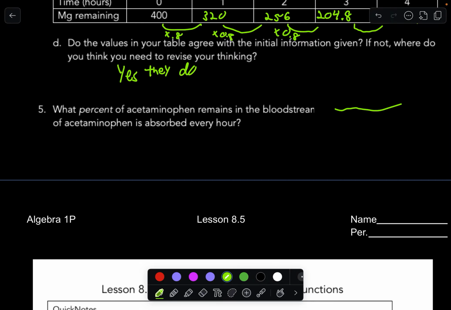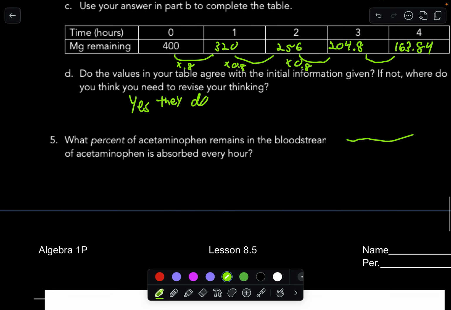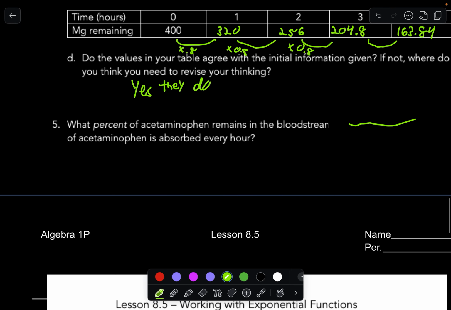If you look at this, you would see that 80% remains because we're multiplying by 0.8 for the milligrams remaining. So 80% remains. And then 1 minus 0.8 is 0.2, so 20% gets absorbed.